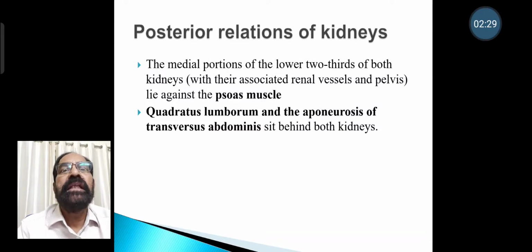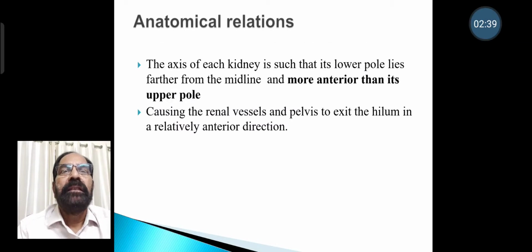So, the posterior relations in the lower part include, from medial to lateral side, psoas muscle, quadratus lumborum and transversus abdominis. The axis of each kidney is such that the lower pole lies farther from the midline and is more anterior than its upper pole, causing renal vessels and pelvis to exit the hilum in a relatively anterior direction.